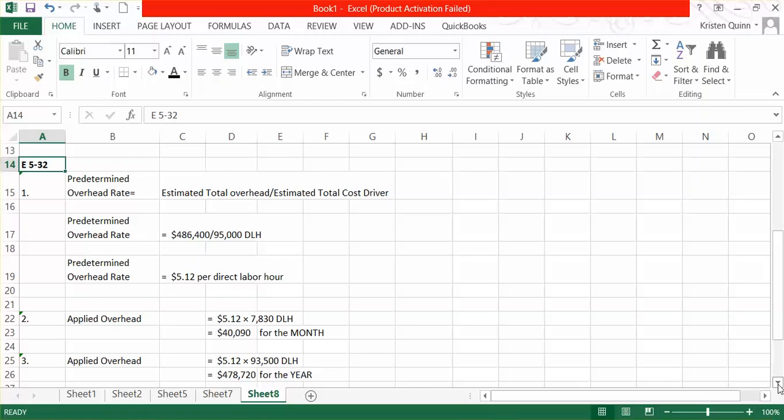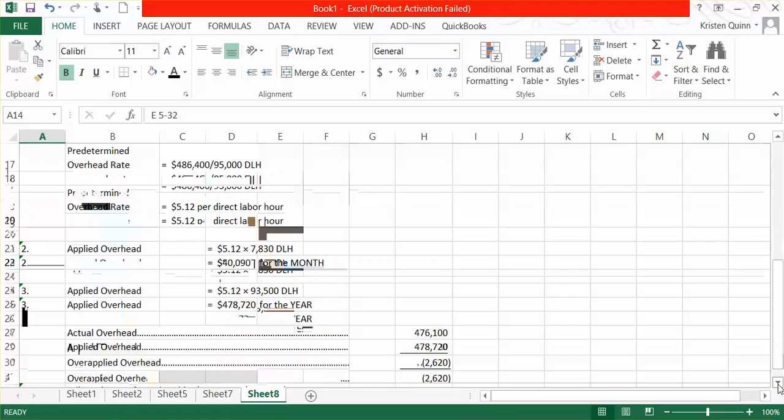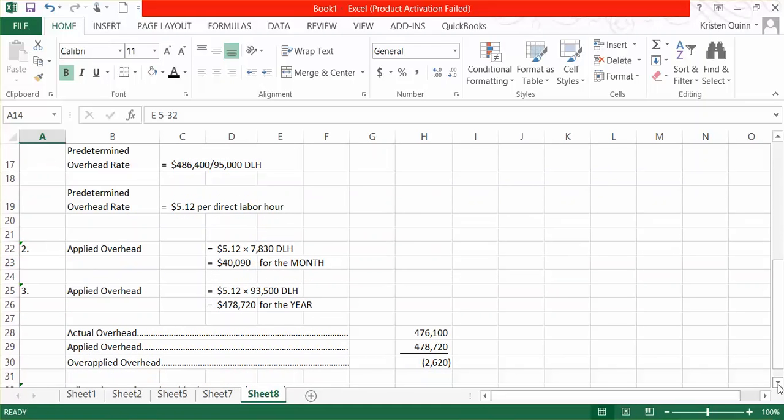Therefore, we over-applied by $2,620. I want to point out, don't forget, when you're calculating your overhead variance, you are using the actual amount of overhead, not the estimated amount. We only ever use our estimates when we're calculating our predetermined overhead rate at the beginning of the year. We don't use them any other time throughout the process.